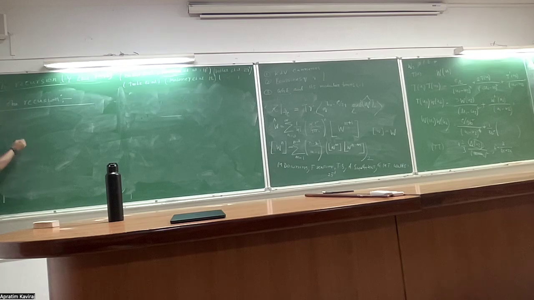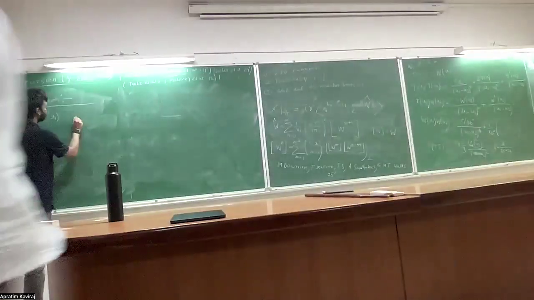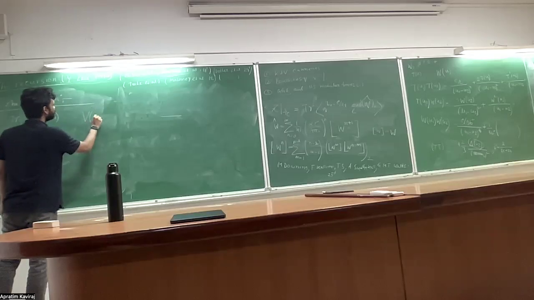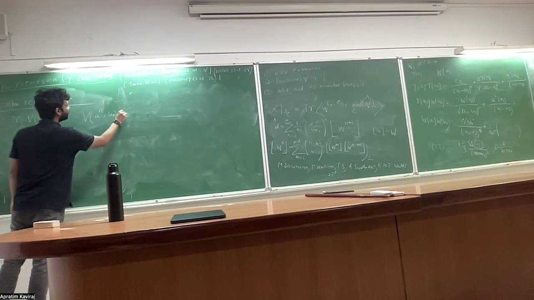So let us define what that is. It is a trace over some algebra, and then I have some fields A1, ..., An.